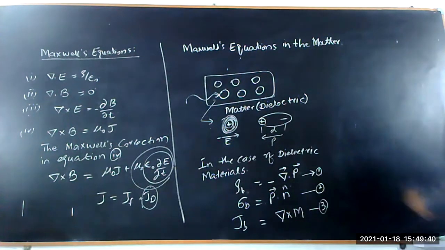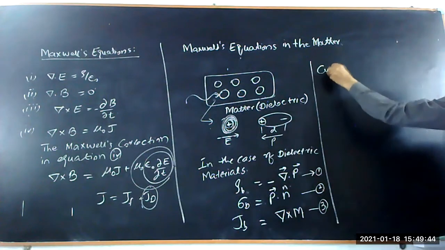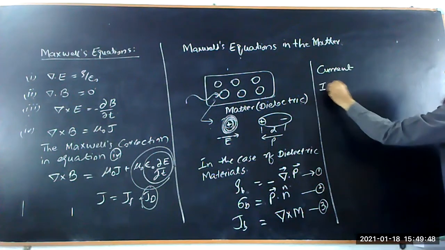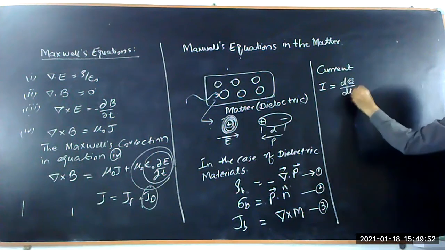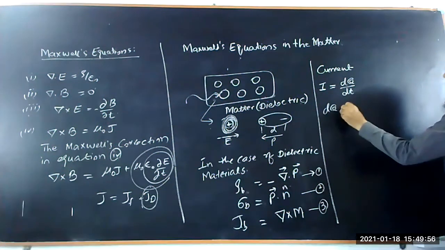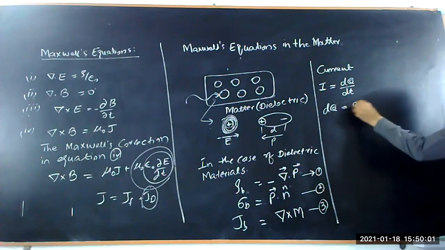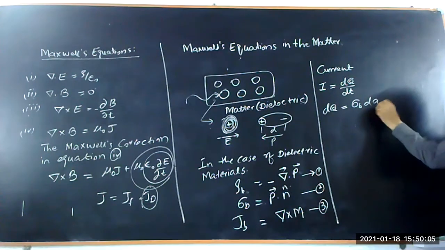So now you know that the current is simply defined as I, which is equal to dq over dt, the rate of flow of charges, and dq can be written in terms of a density, the surface bound charge density, into dA.